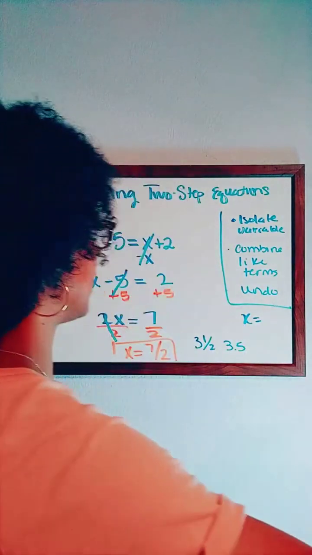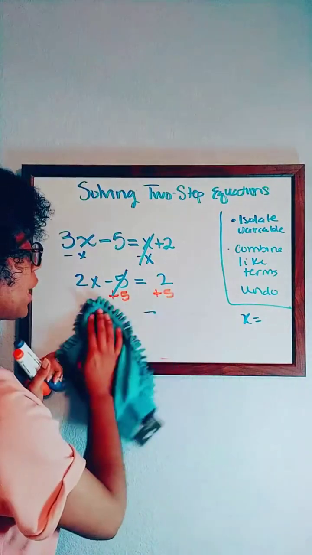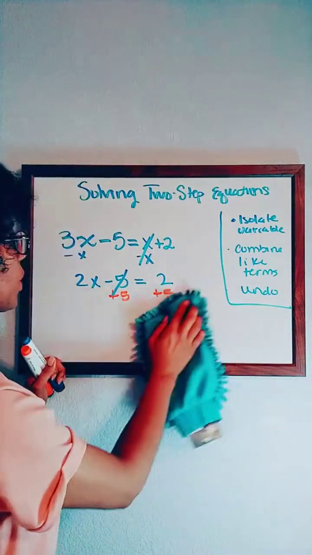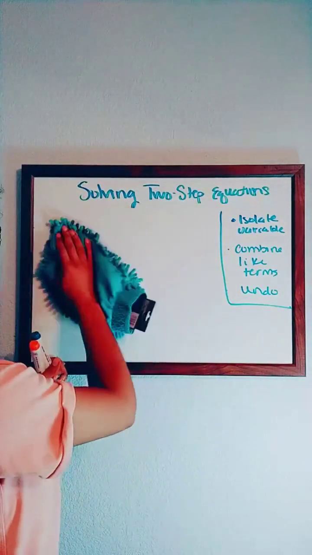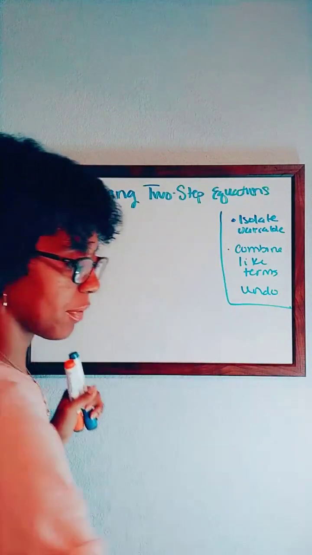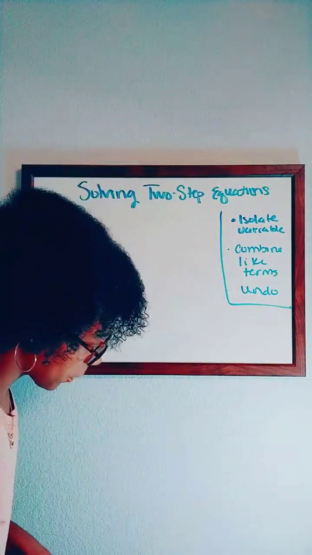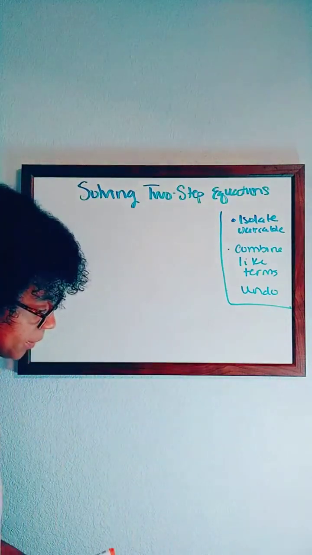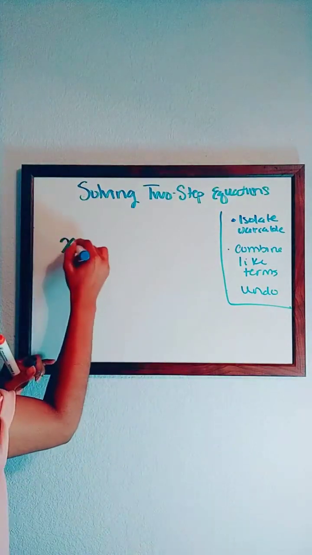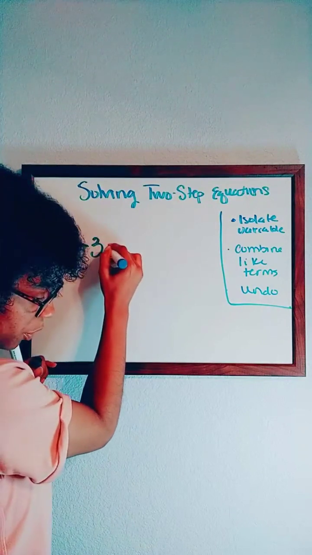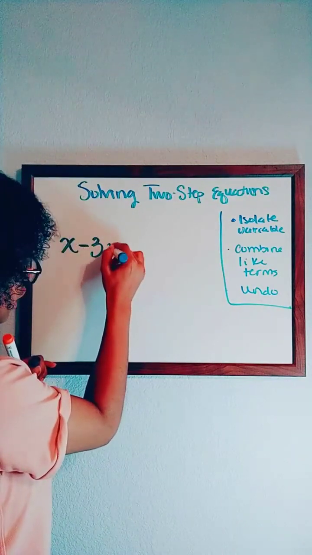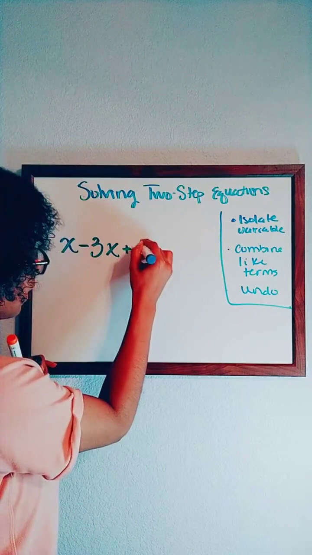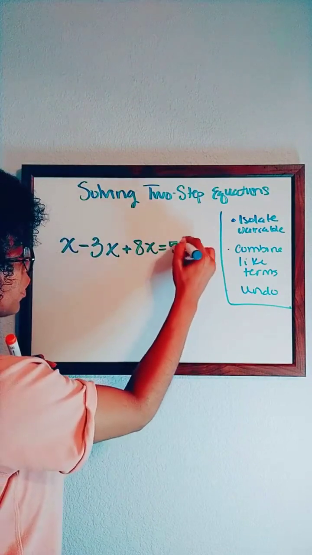Okay. So now, how are we feeling? Are we comfortable with that? So we did 2-step equations where we have to simplify. Let's do another one of those. What if we do x minus 3x plus 8x is equal to 54?